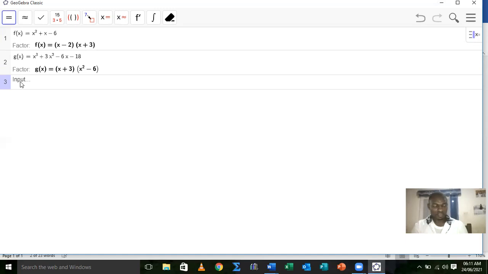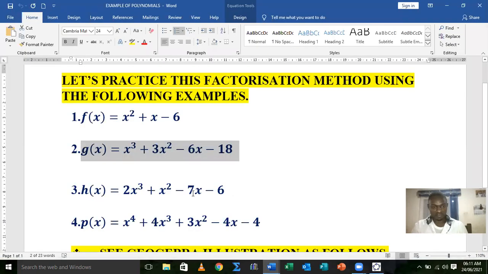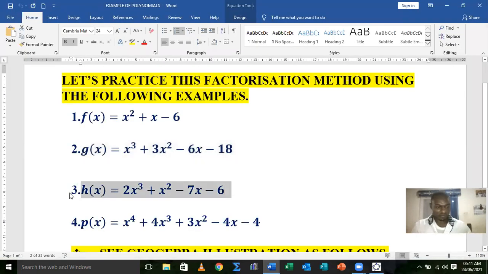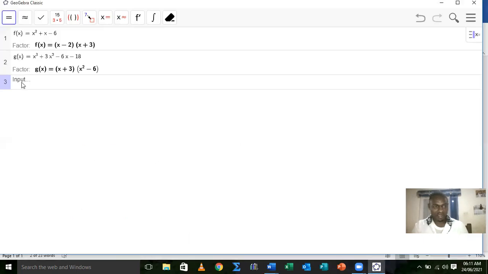We move to the third example. Our third example is still a cubic polynomial. We input it and we see how the CAS menu will do the factorization. Good.